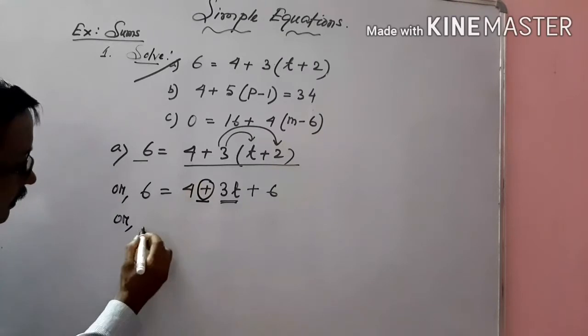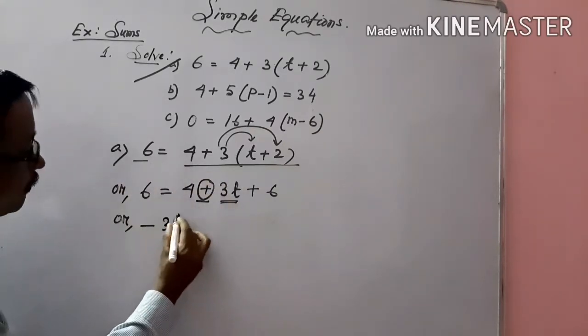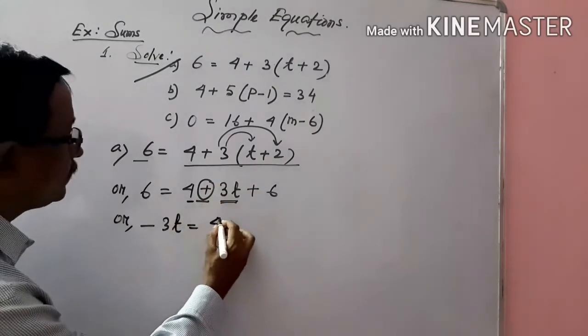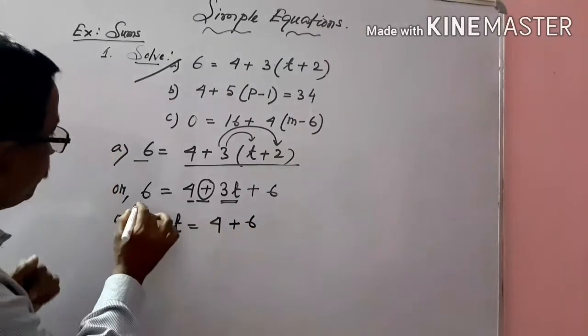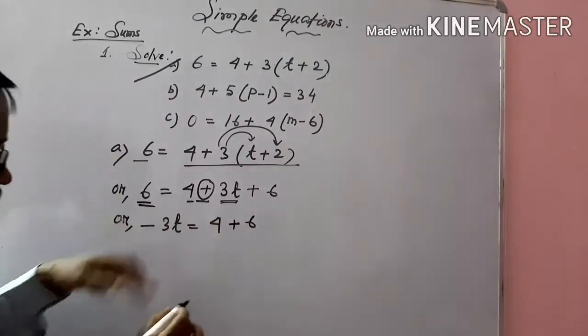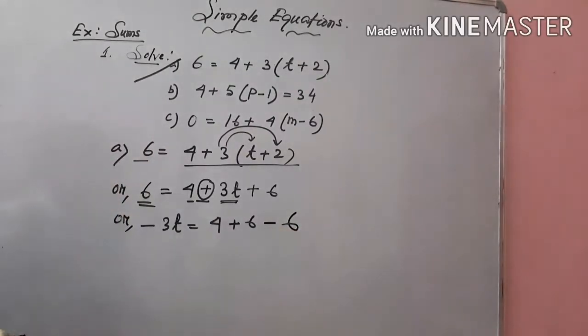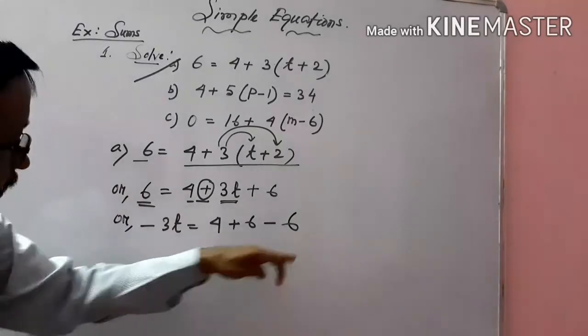Where plus is there, once you take it to the left hand side it becomes minus. The 4 on the right hand side remains the same, but the 6 on the left hand side, once you take it to the right side, becomes minus 6.